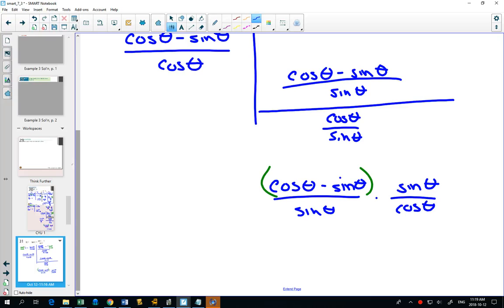But this sign and this sign can simplify. So you can simplify when you're multiplying and factors are identical. Fraction divided by fraction is the same as multiplying by a reciprocal. That's fraction rule. And then those signs are the same. So what do I have? I have cos theta minus sine theta all over cos theta. Does that match up? Yes.